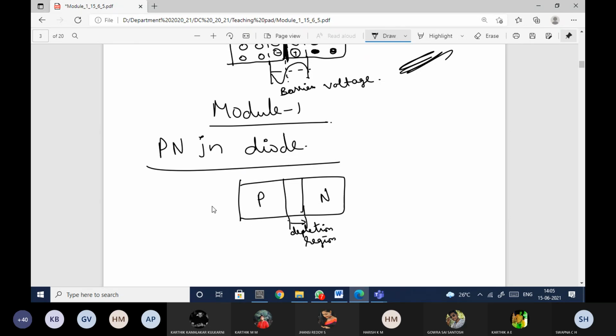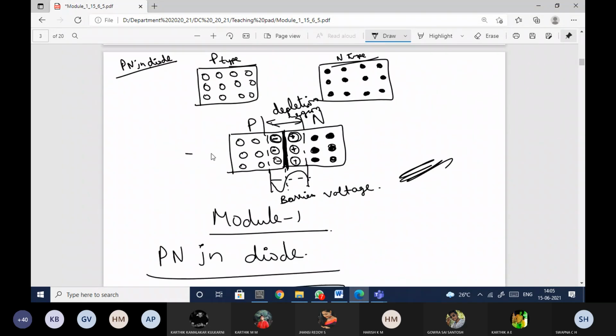For this PN junction, I'll have two leads. This is the first lead and this is the second lead. Now the PN junction is formed. So will it conduct? Will there be any electron movement from the N side to the P side, or any hole movement from the P side to the N side? No, right?